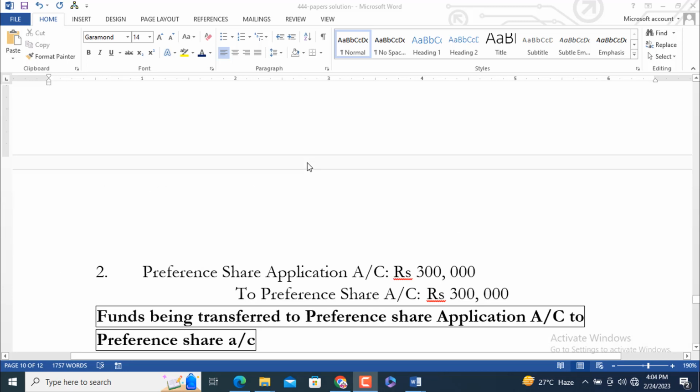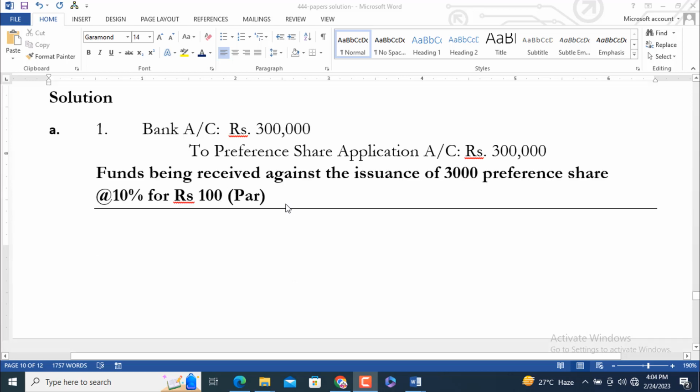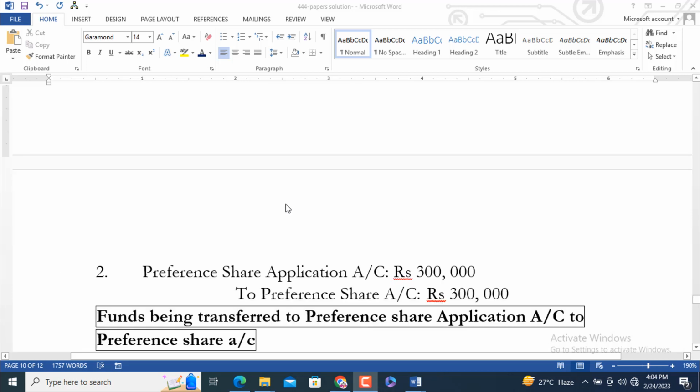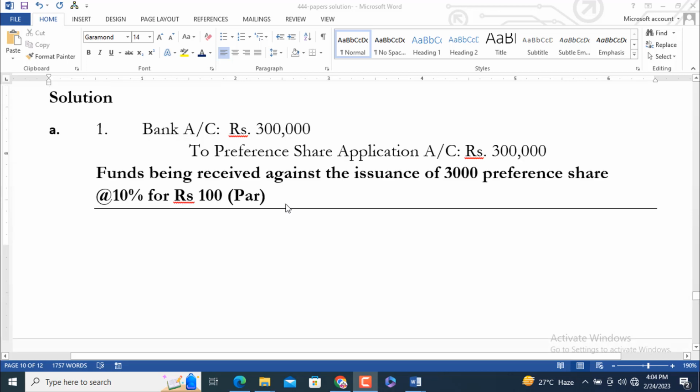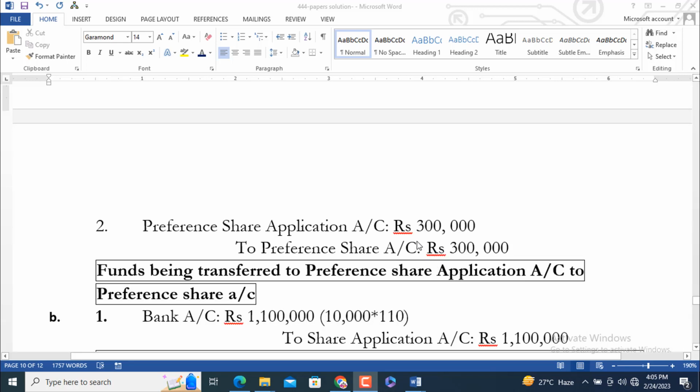And the second entry is that we transfer from preference share application account to the preference share account. In other words, you can only use a cash account to preference share capital account or preference share account. So I'm going to use this temporary account, preference share application account. From this account I'm going to transfer to preference share capital account 300,000.